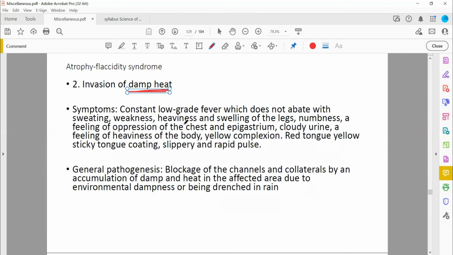Weakness, heaviness and swelling of the legs, numbness, a feeling of oppression in the chest and epigastrium, cloudy urine, a feeling of heaviness of the body, yellow complexion, red tongue, yellow sticky tongue coating, slippery and rapid pulse. Okay, now it's your turn to analyze this case. What are you going to see from here?